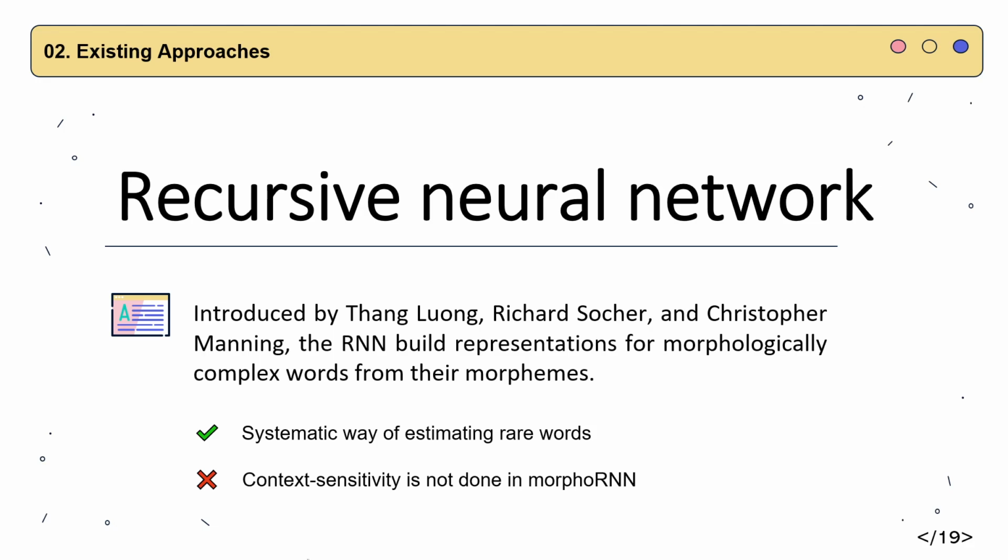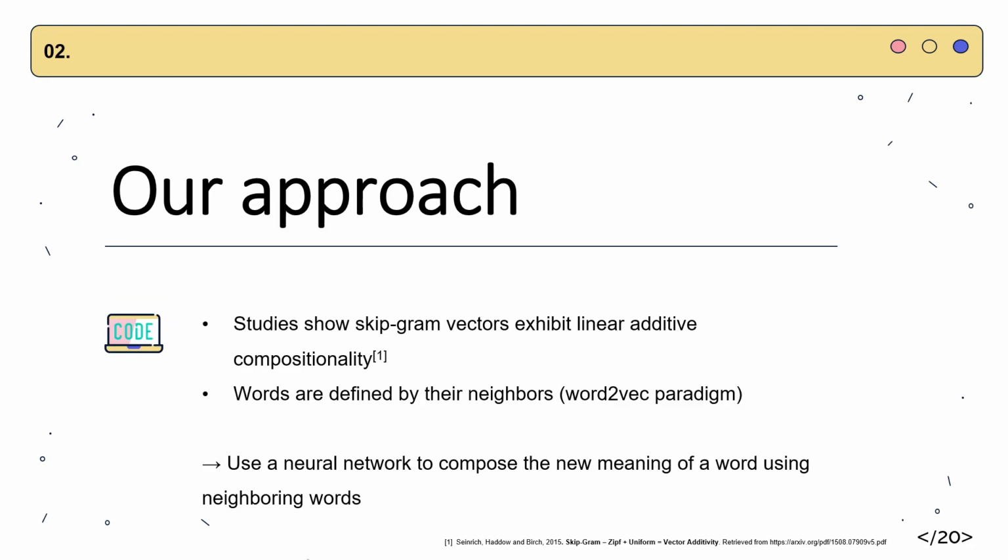deal with OOV. So we know that word2vec vectors exhibit linear additive compositionality, meaning that in their latent space of embeddings, there is a compositionality function that can help us derive the meaning of a new word from existing words. And we know that words are defined by their neighbors in the word2vec paradigm.